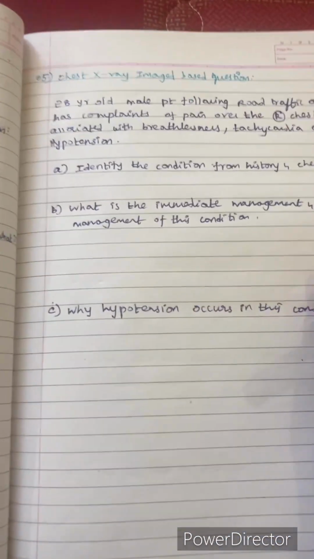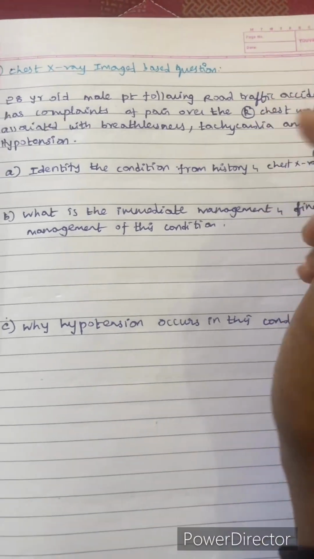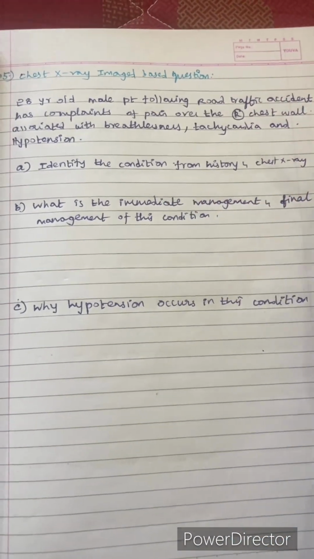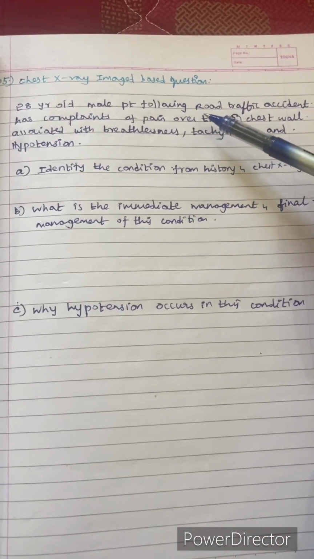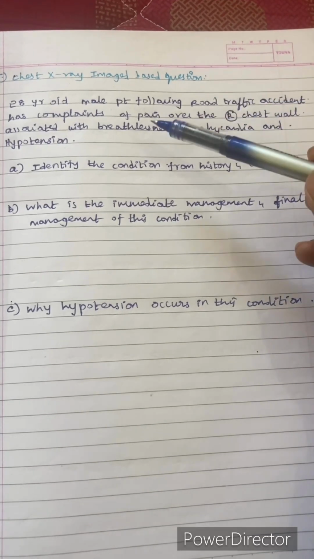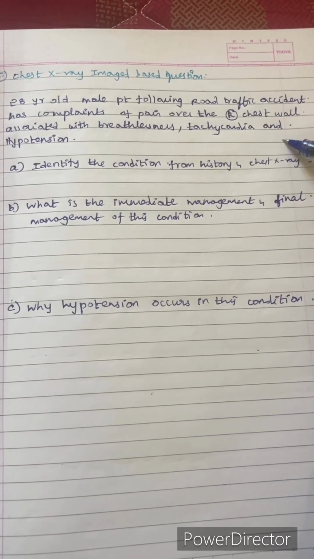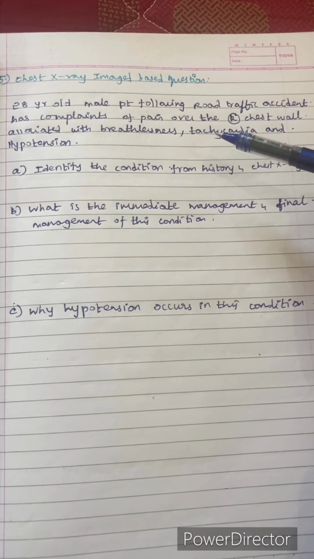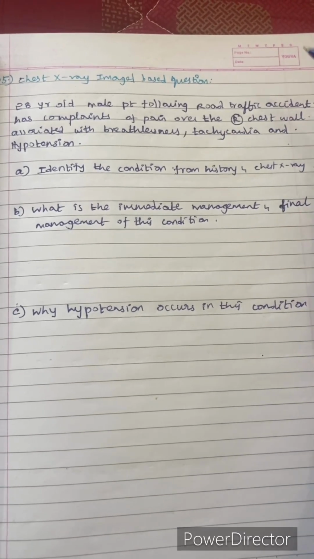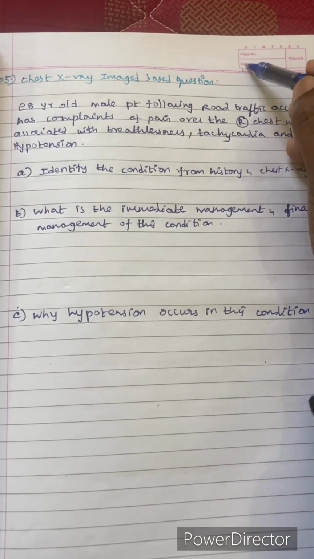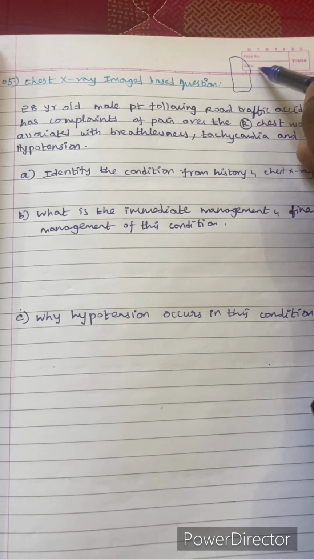Coming to the next, the fifth question, it's a history-based question. They have given a history and chest X-ray, which is a 28-year-old male patient following a road traffic accident. He has complaints of pain over the right side chest wall associated with breathlessness, tachycardia and hypotension.